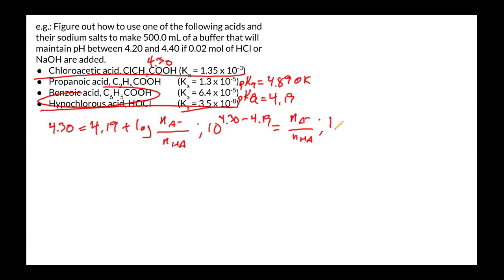Do a little bit more algebra. 1.29 is the number of moles of base divided by the number of moles of acid. And that means the number of moles of base is 1.29 times the number of moles of acid. That turned out to be just the same as the previous problem. It's just a coincidence. It's not something you can rely on.